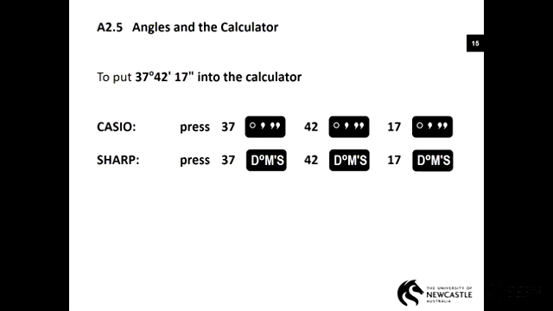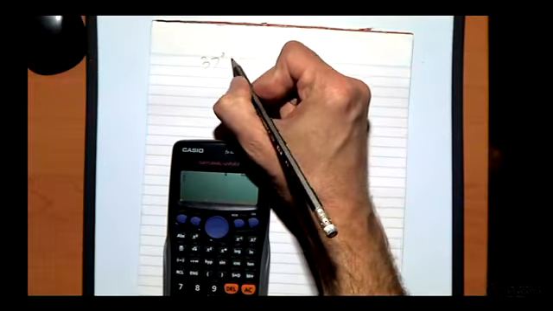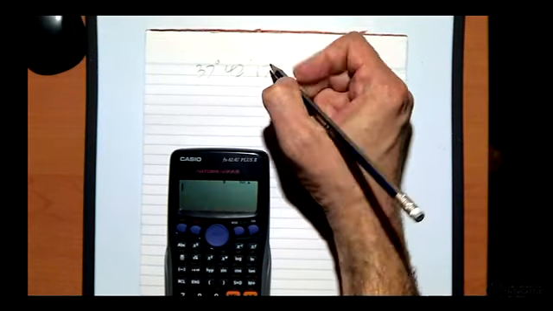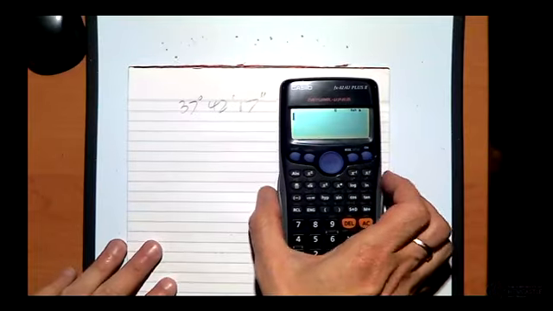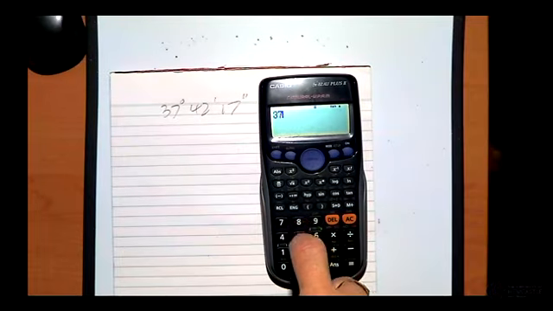Angles on the calculator, and again, I know that some of this may or may not be deathly dull. You may know it, but if I'm getting asked to put 37 degrees, 42 minutes and 17 seconds into the calculator, well, on this calc, it's just 37 and the degrees, minutes, seconds button, 42.